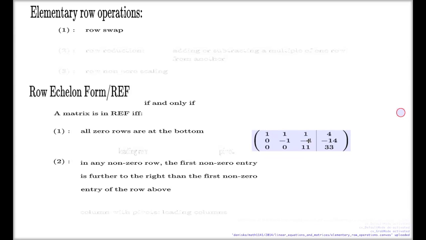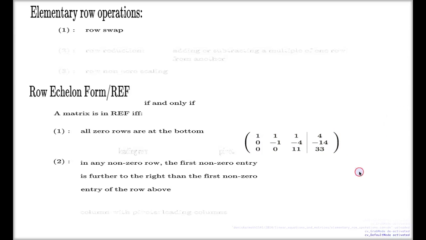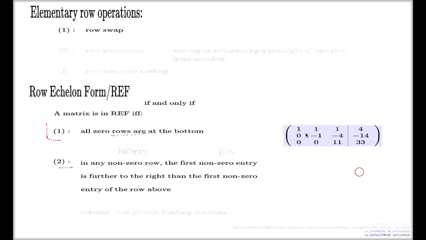So here's the matrix we came up with on the slide before. Look at this. Well, we don't have any zero rows in this matrix, so the first criterion is obviously satisfied. The second one, look at this. In every non-zero row, let's just say the second row, here's the first non-zero entry.